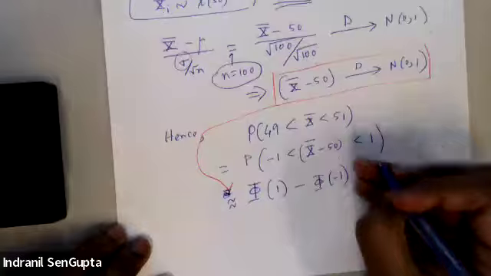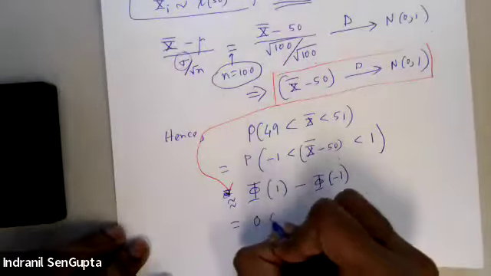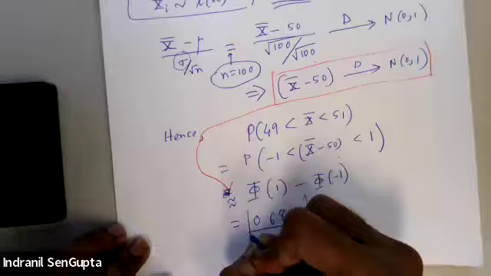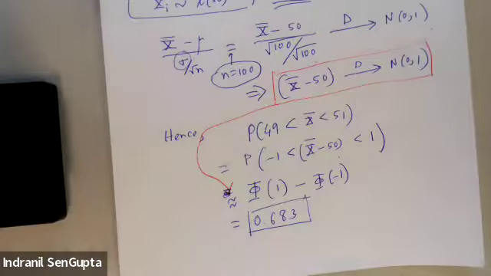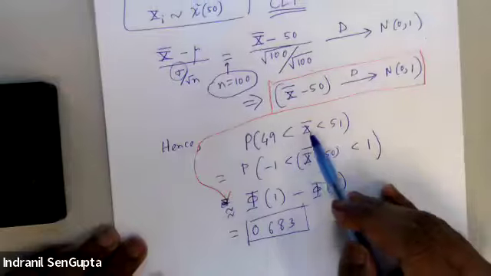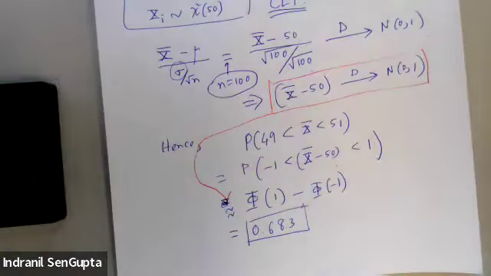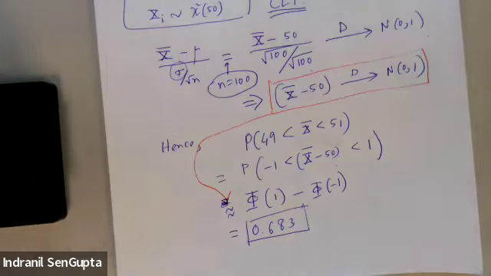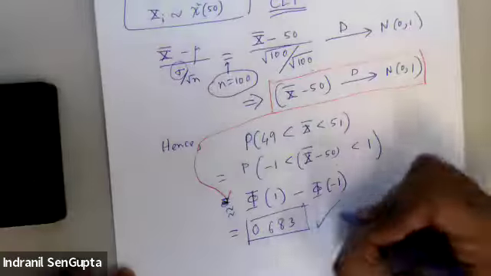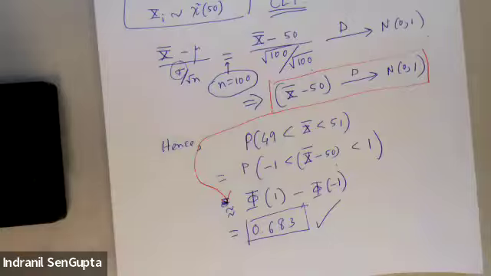If you compute this, it's about 0.683. That's the answer: the probability of 49 less than x bar less than 51, where x bar is the sample mean drawn from a chi-square distribution, is approximately 0.683. This is a direct application of the central limit theorem.